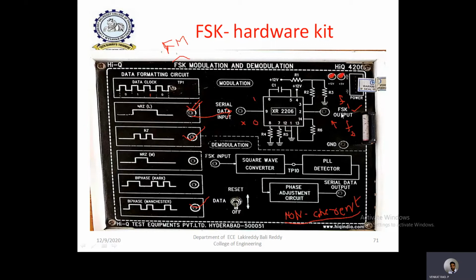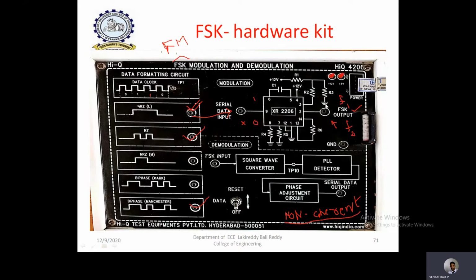So if you want to observe the actual carrier, observe this pin on the CRO without connecting anything. Note down the original carrier signal and frequency. Then after connecting the input to this modulator, observe the FSK output and note down the corresponding mark frequency and space frequency. That is the modulation process simply.